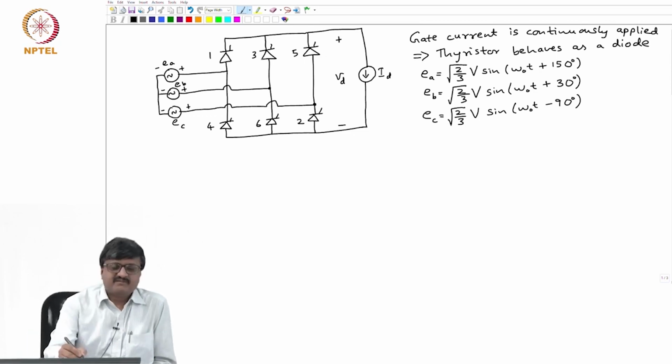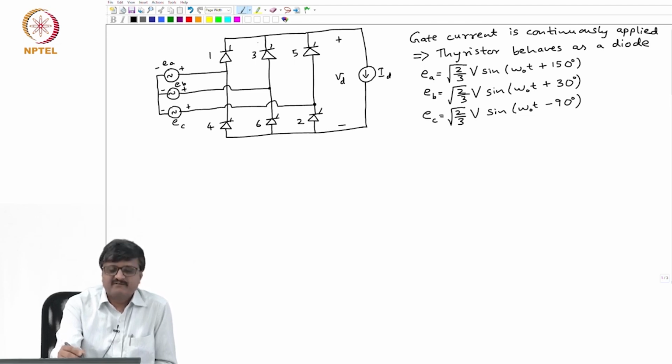Valve 3 is turned on, which means valve 3 acts as a short circuit. We are assuming ideal thyristors, so the voltage across the thyristor valve is 0 when it is conducting. So, valve 3 is a short.